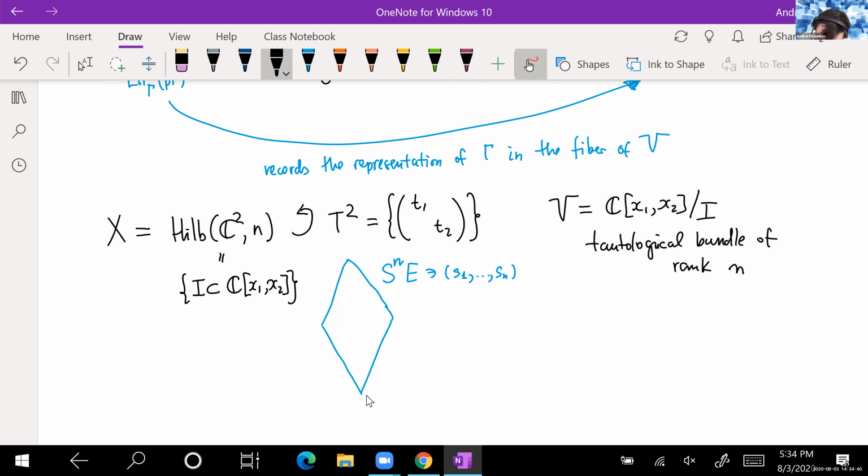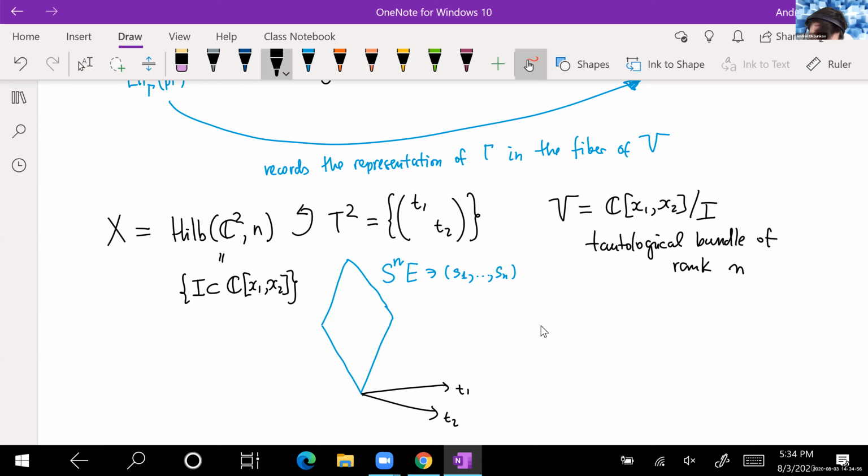And then my base is T1, T2, which I think of as standing in for the coordinates on the elliptic curve.